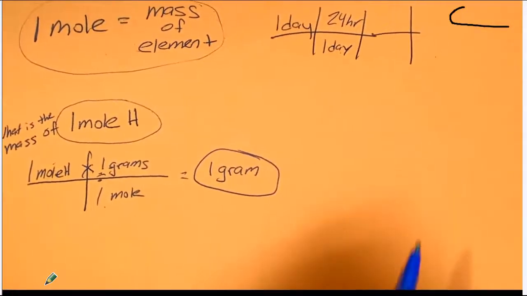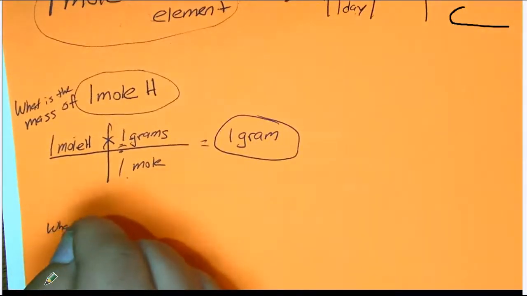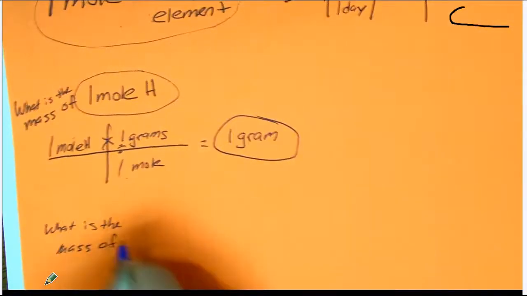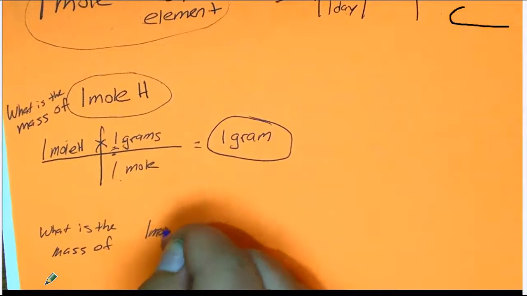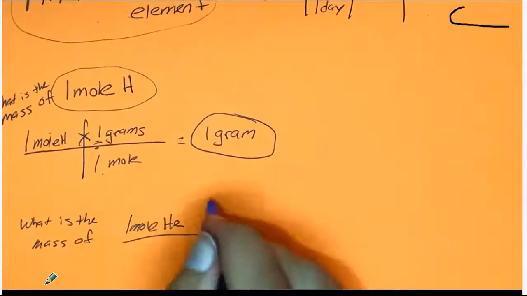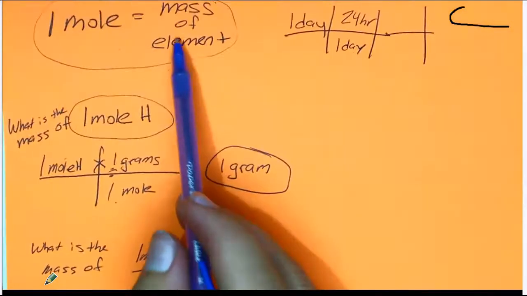Okay, let's try another one. What is the mass of 1 mole of helium? I'm given 1 mole of helium, so I'm going to draw my chart. Once again, I use this conversion.